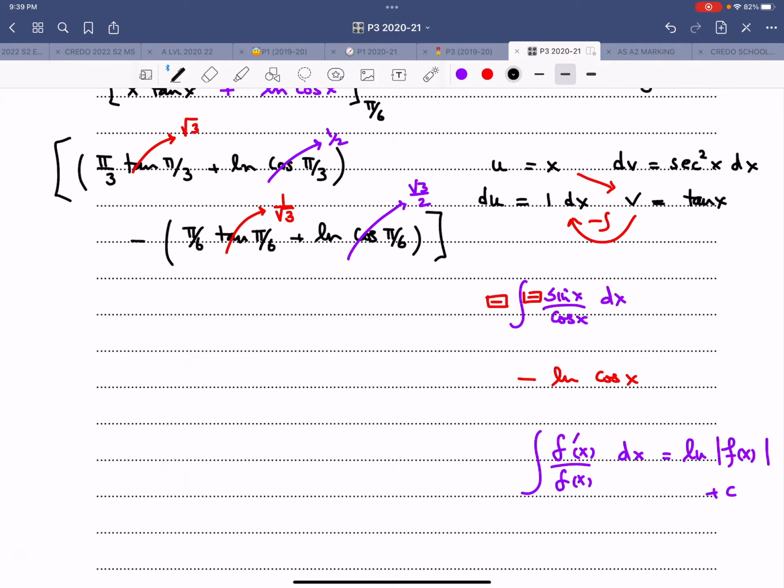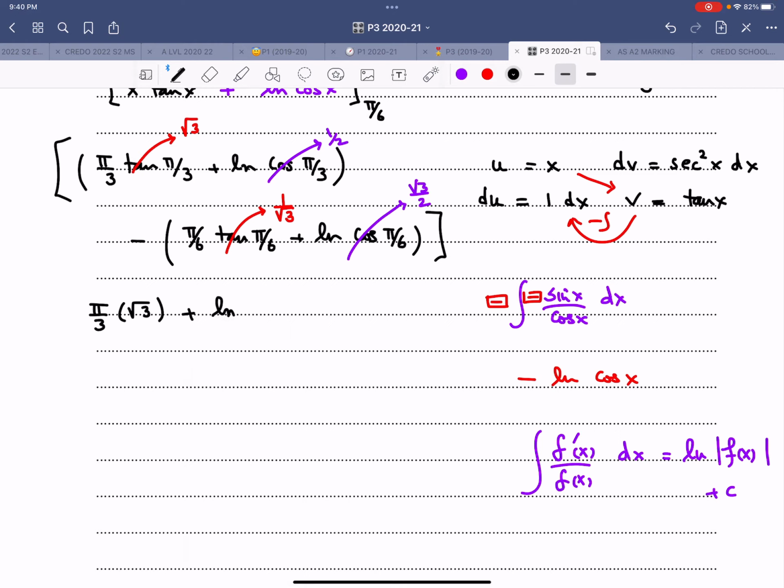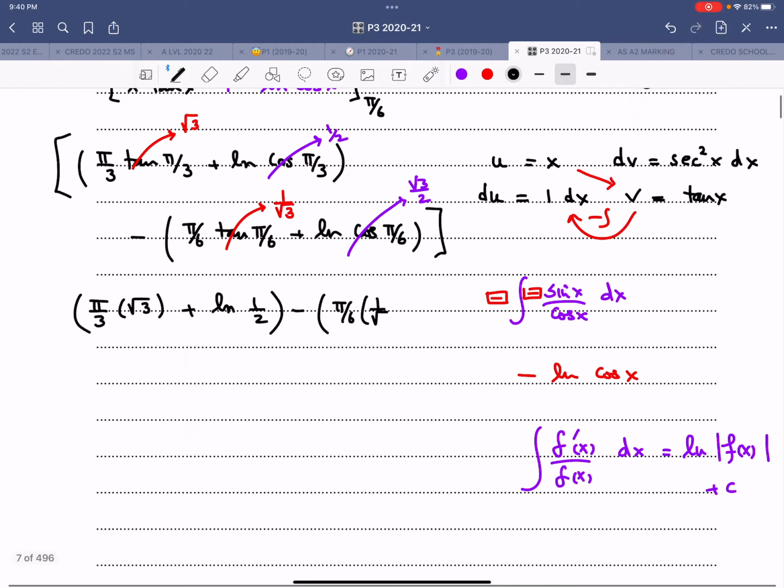So this is pi by 3 multiplied with root 3, and this is ln of half, minus pi by 6 into 1 over root 3, and I can also use the other form, which is root 3 over 3. Let me use that form. This is the rationalized form, root 3 over 3.